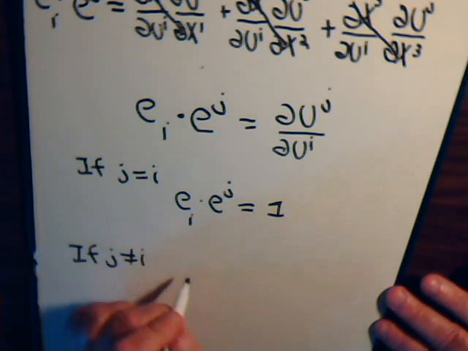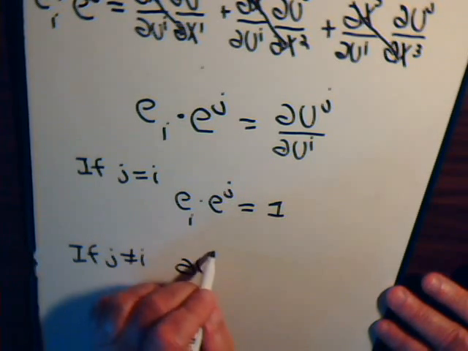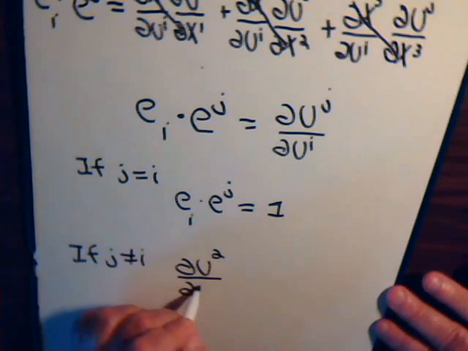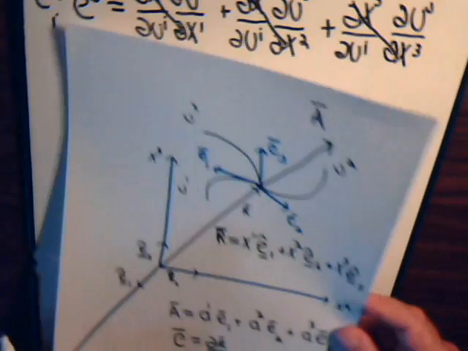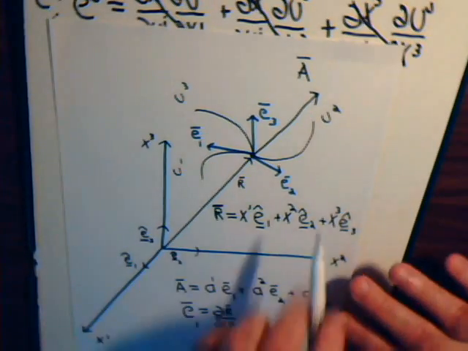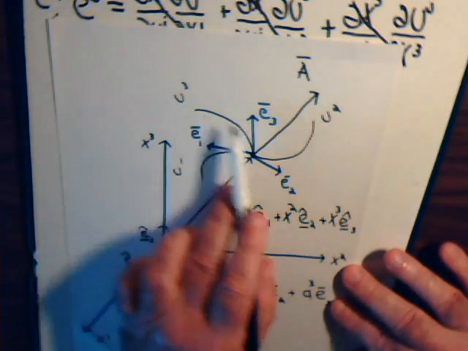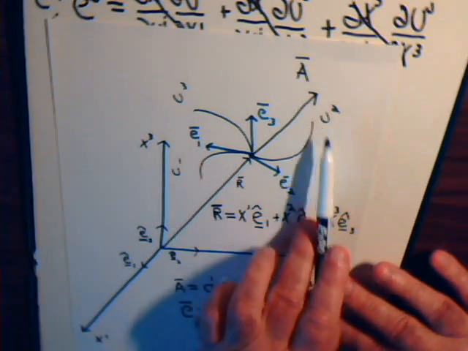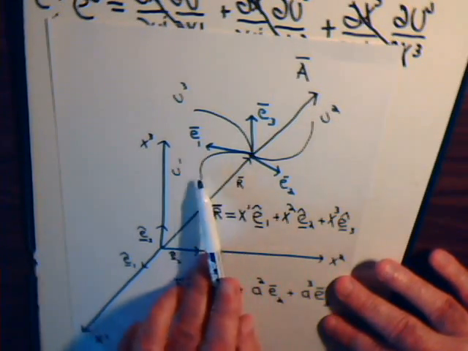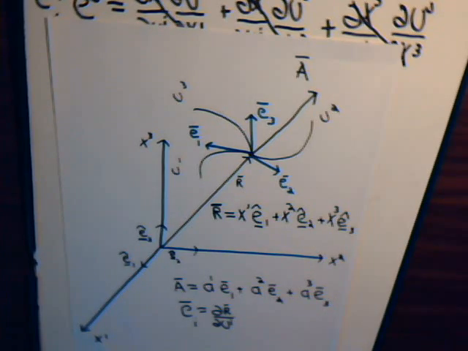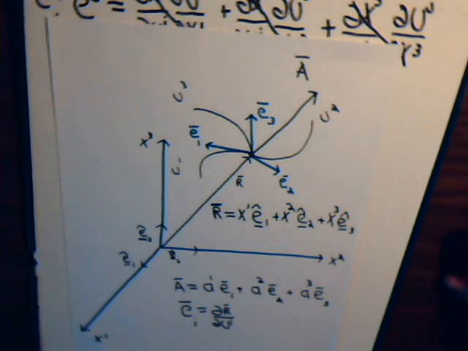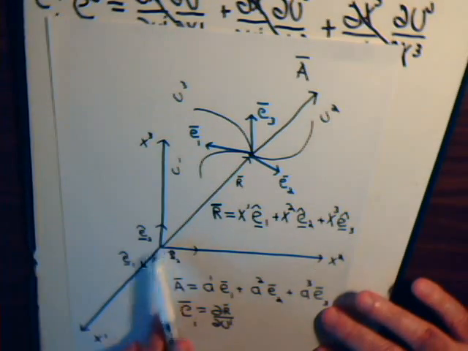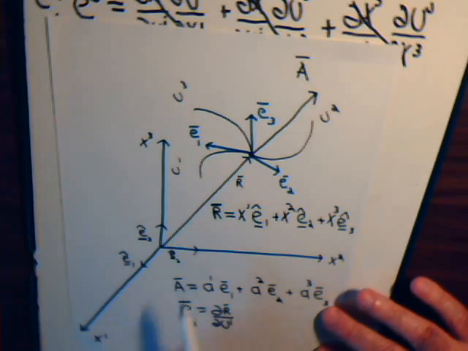For example, what would happen if we took the partial of u2 with respect to u3? Well, these coordinate axes are completely independent of each other. There is no equation that relates this axis to this axis, just like there is no equation that turns this axis into this axis, or this axis plus this one equals that one.